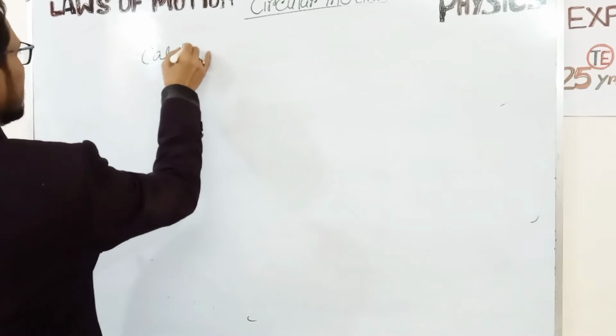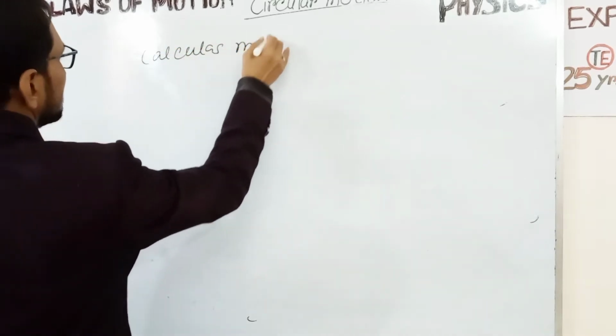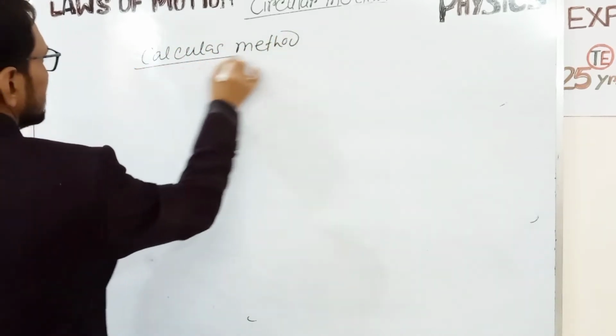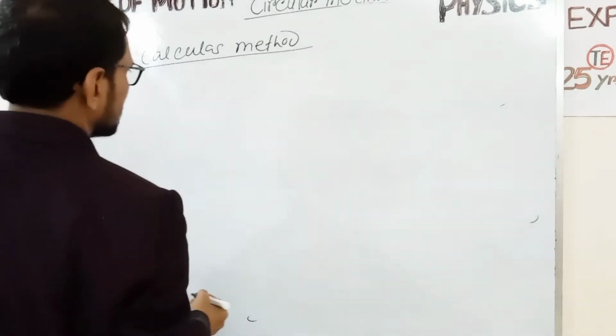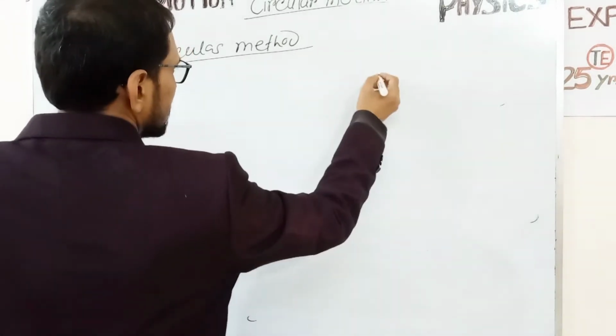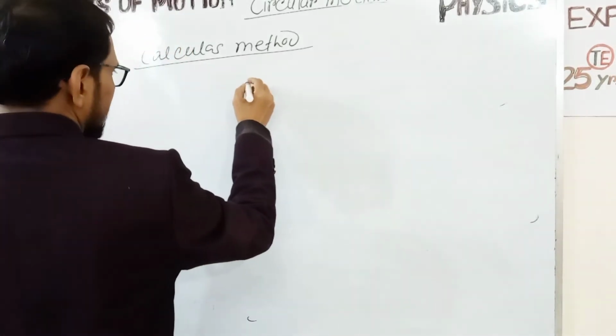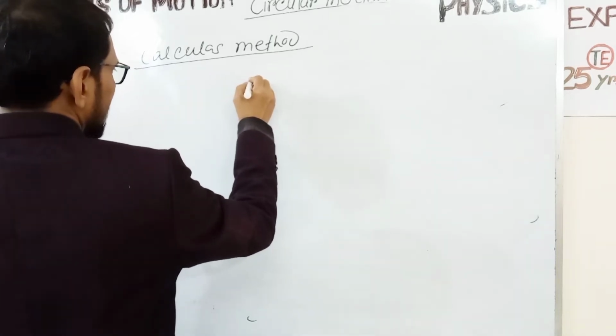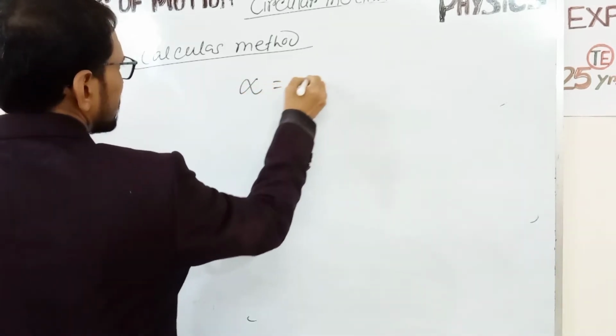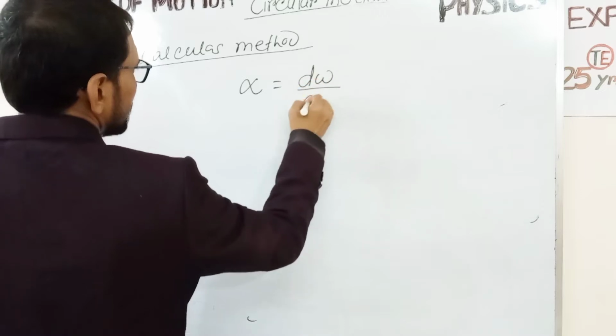So next is the calculus method. First, in the calculus method, we know that angular acceleration alpha equals d omega by dt.